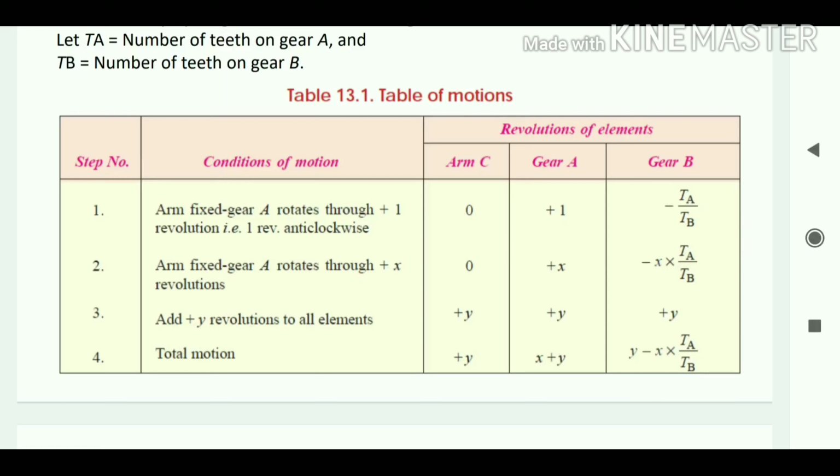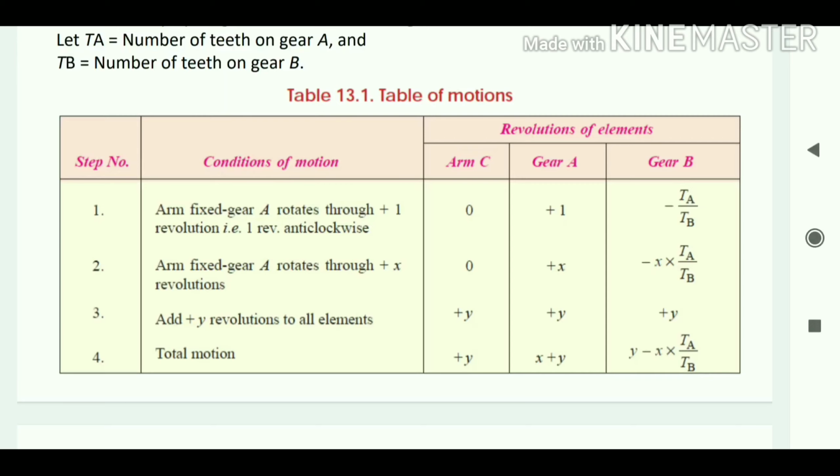The corresponding rotation of gear B is noted, that is minus TA by TB. In the second step, the arm is fixed again and gear A is rotated by plus X revolutions. The corresponding rotation of gear B is noted, that is minus X into TA by TB.